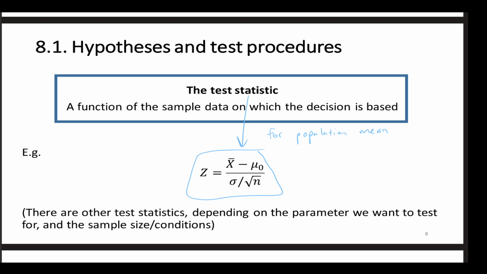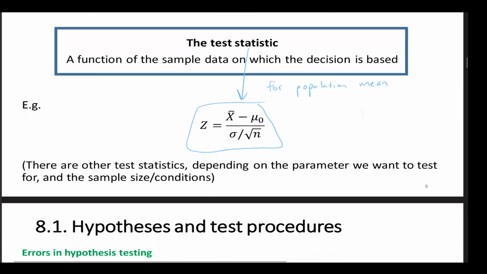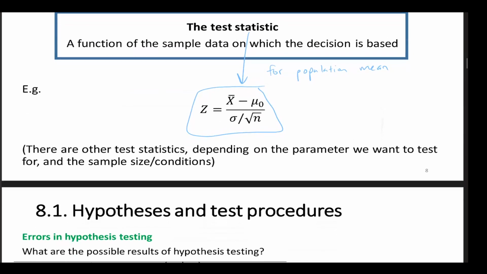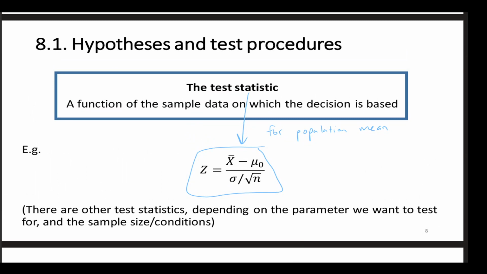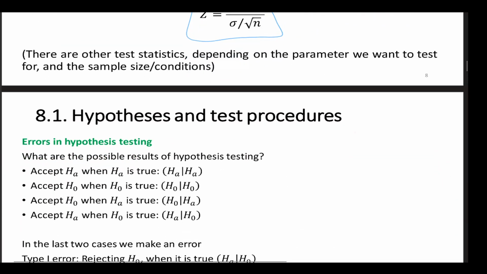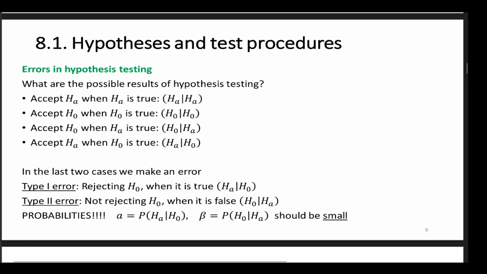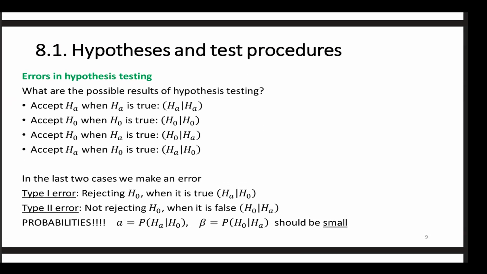So we always calculate this in the solution process. There are other test statistics depending on the parameter we want to test for and the sample size and or conditions. So let's look at what could go wrong.